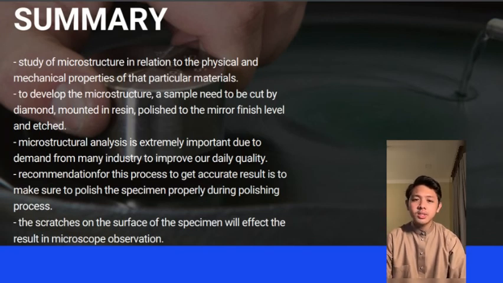In this laboratory experiment, to develop the microstructure, a sample or specimen needs to be cut by diamond or abrasive, mounted in resin, polished to the mirror finishing level, and etched. This process is very important due to demand from many industries used to improve our daily quality.